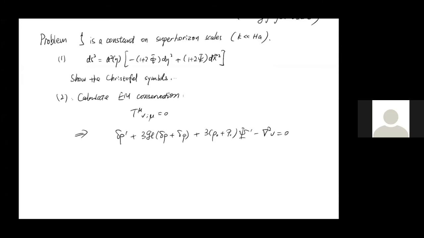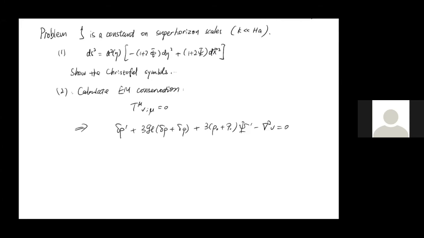This v is, again, the velocity potential. This is the second step. And the third step is to prove that zeta is a constant when this term can be neglected.